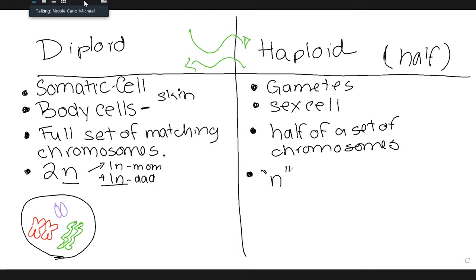So what might that look like? Well, again, this is my haploid cell, and it is going to look like this.